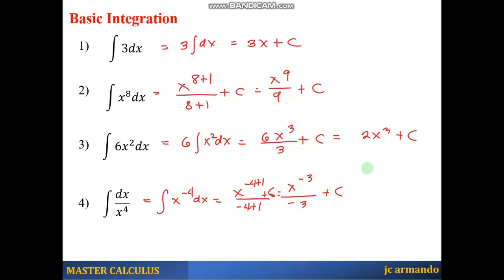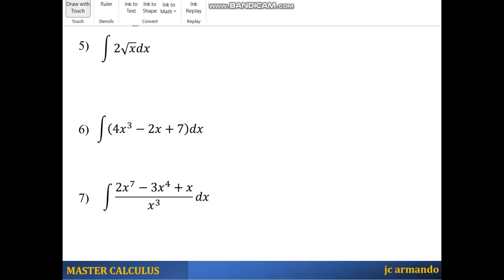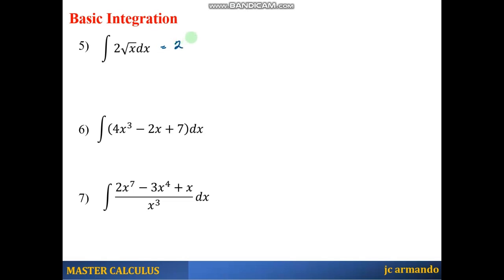So, this is the same as negative 1 over 3x cubed plus c. Okay, negative 1 over 3x cubed plus c. How about integral of 2 square root of x dx? So, this is the same as 2 integral of x to 1/2 dx, right?